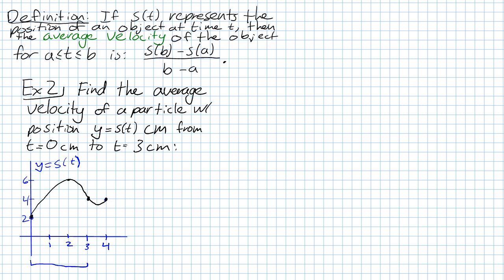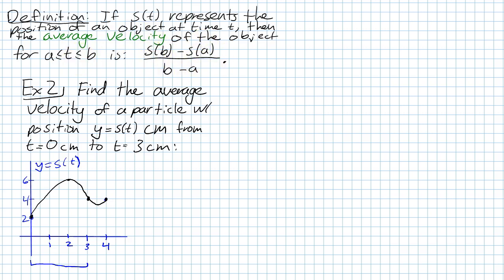Some kind of distance is what a position function represents. Then given that function, either as a graph, or as a table, or with a formula for how to evaluate it, either way you have it, the average velocity means the same thing. This is the formula for it.